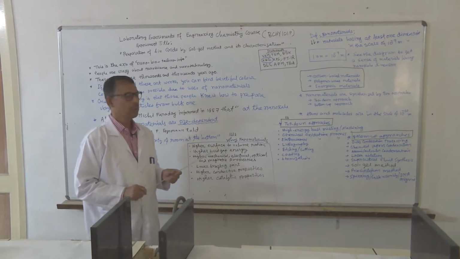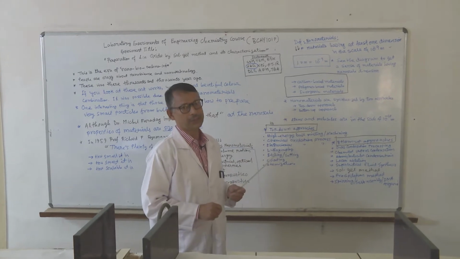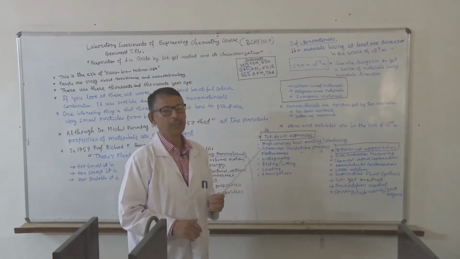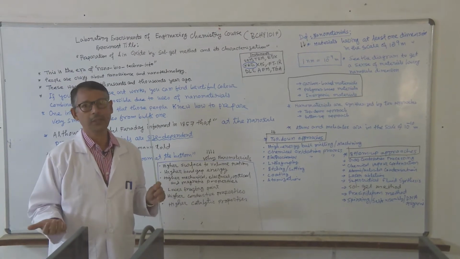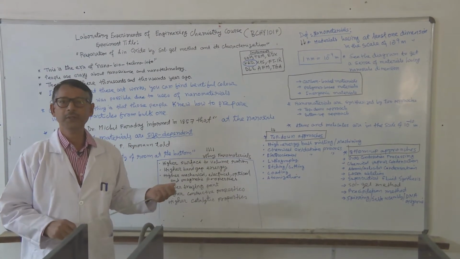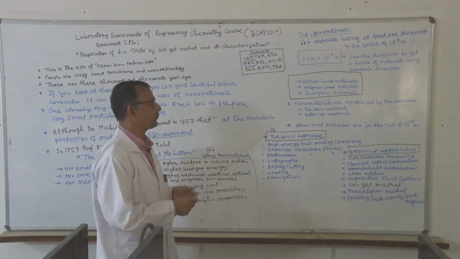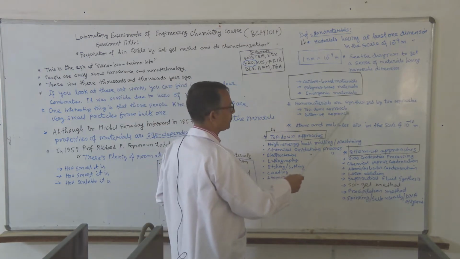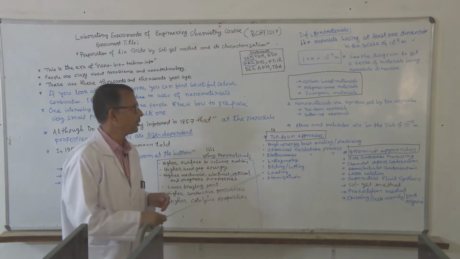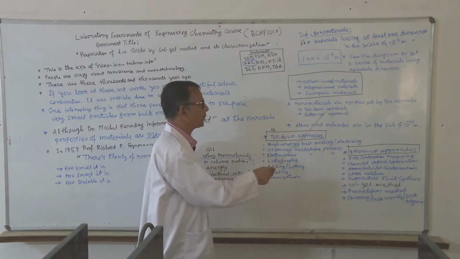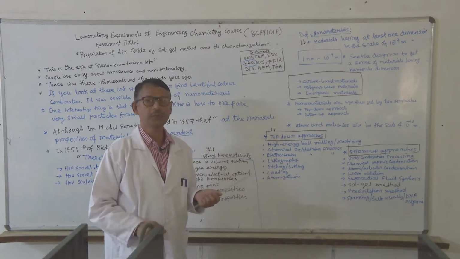Now if you look at different applications of nanomaterials, you will find nano is everywhere. Then how to prepare the nanomaterials? There are basically two types of approaches for the synthesis of nanomaterials. One is the top down approach, another is the bottom up approach.